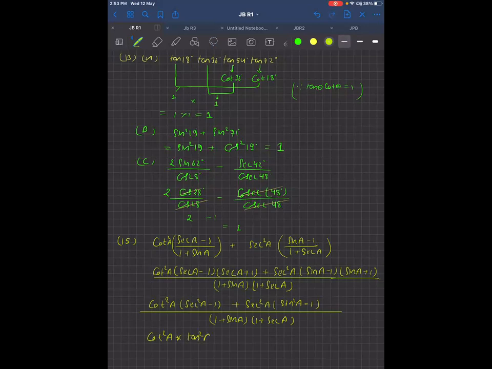Okay, this is tan square A. Sec square A, sin square A minus 1. Actually, 1 minus sin square A is cos square A. But if you have sin square A minus 1, then it is minus cos square A. The difference of sign only, minus cos square.